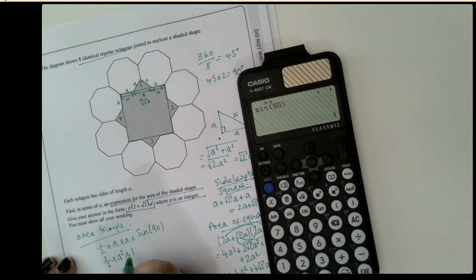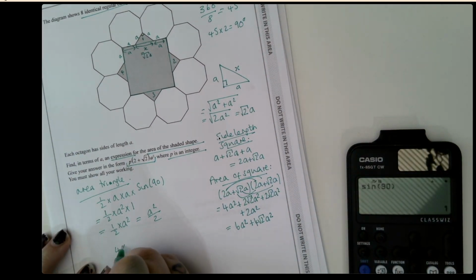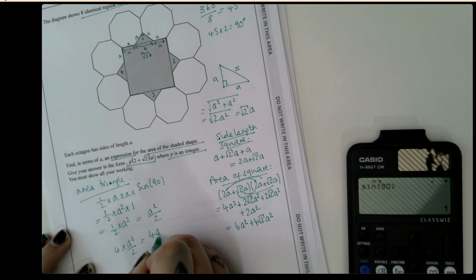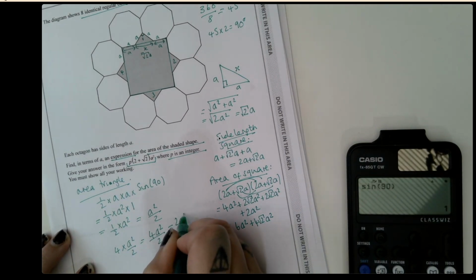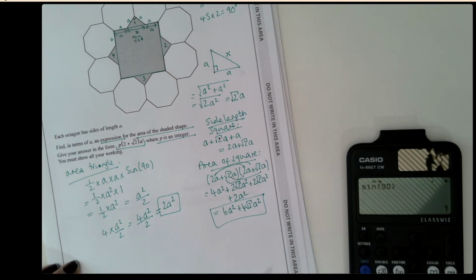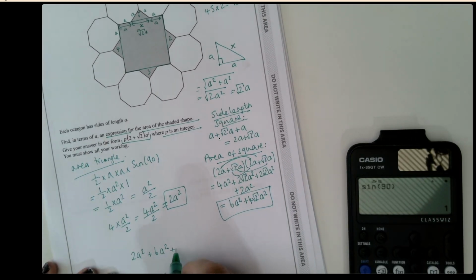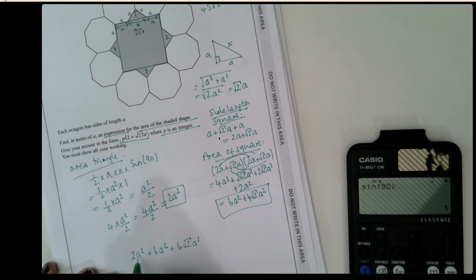Sin 90 is 1, so the area of one triangle is a half times A squared, or A squared over 2. We have 4 of those triangles, so 4 times A squared over 2 simplifies to 2A squared. Adding the two areas together for the total area: 2A squared plus 6A squared plus 4 root 2 A squared gives 8A squared plus 4 root 2 A squared.